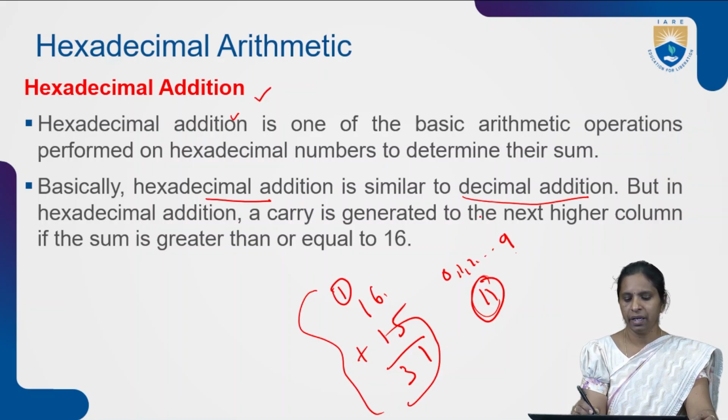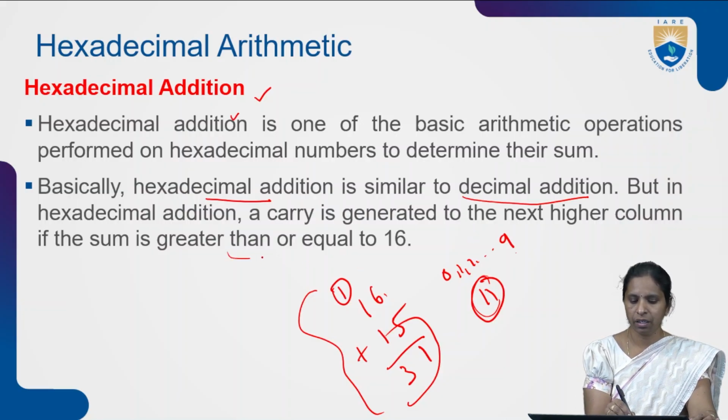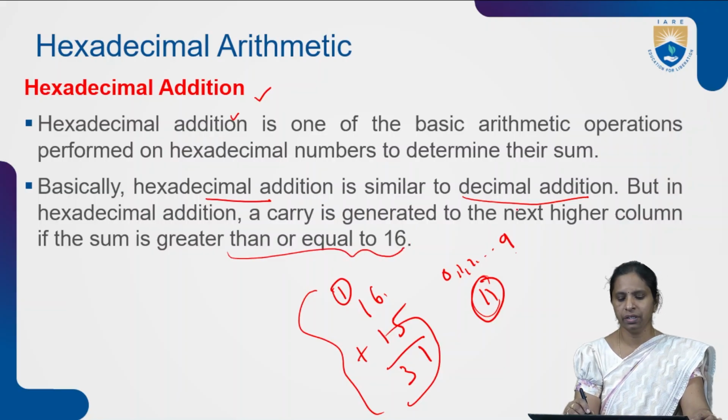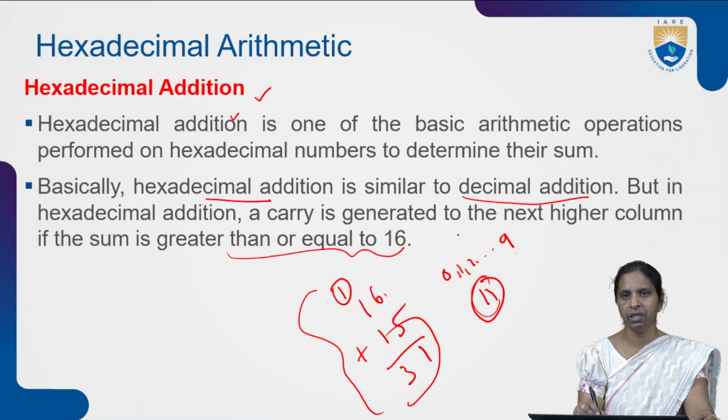Similarly, in the hexadecimal number system, in the addition, if the sum is greater than or equal to 16, then only you are going to get the carry. Whereas in the decimal number system, when you add two digits and the sum is greater than 9, then you get the carry.